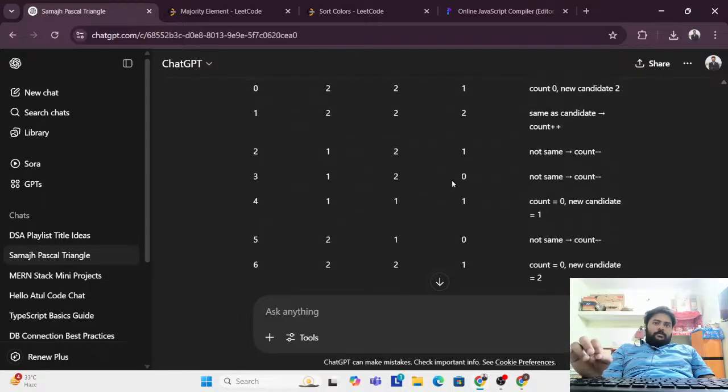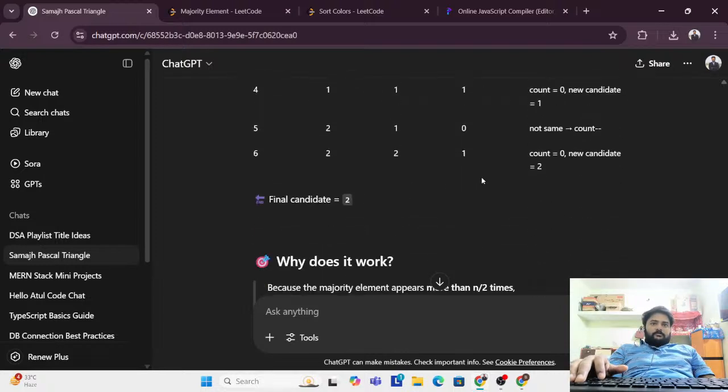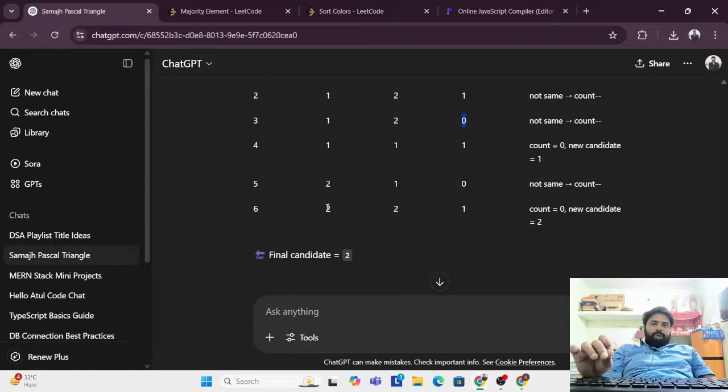Remember, whenever the count becomes 0, the candidate changes. Finally, the count becomes 0 here.